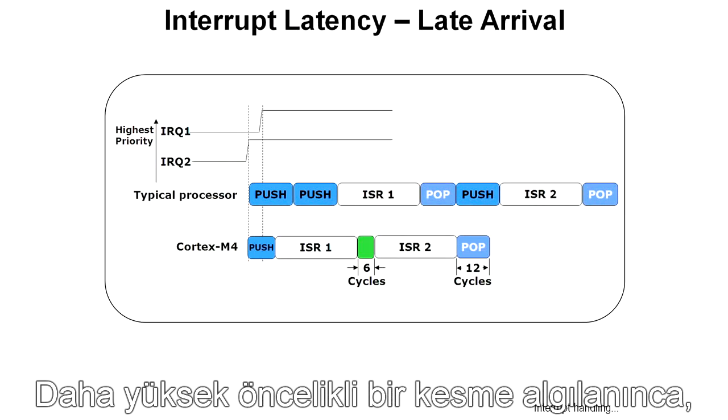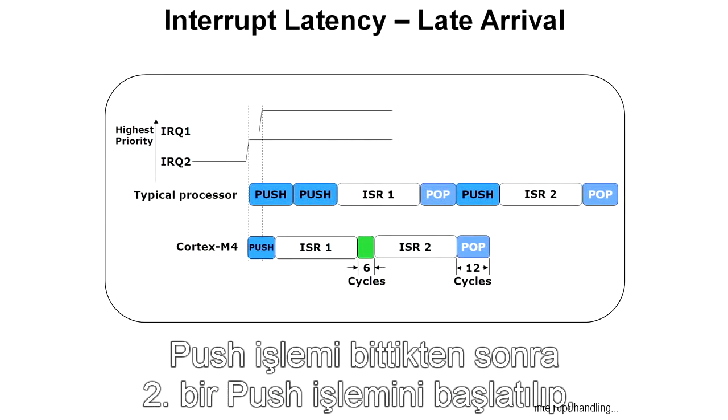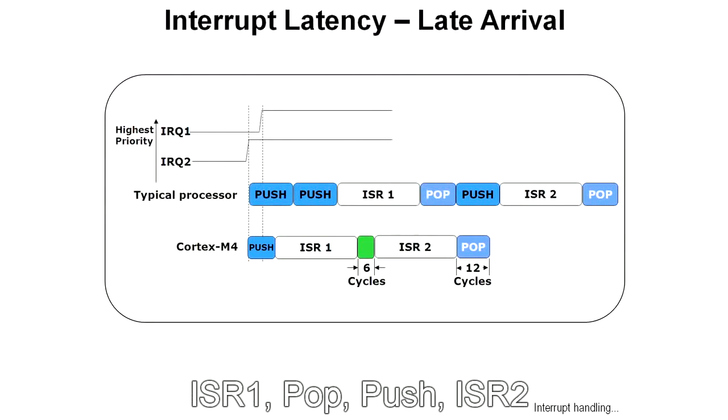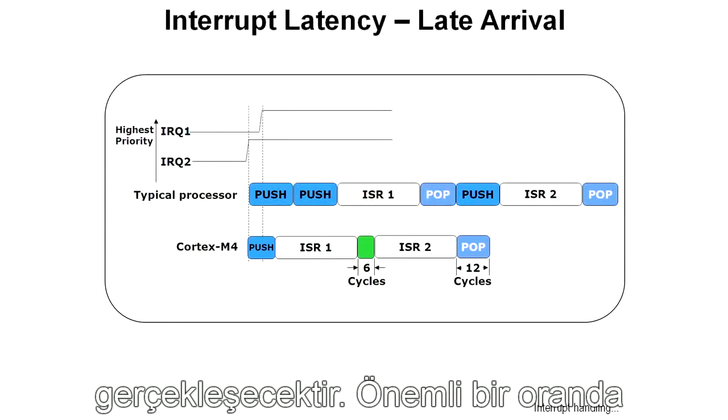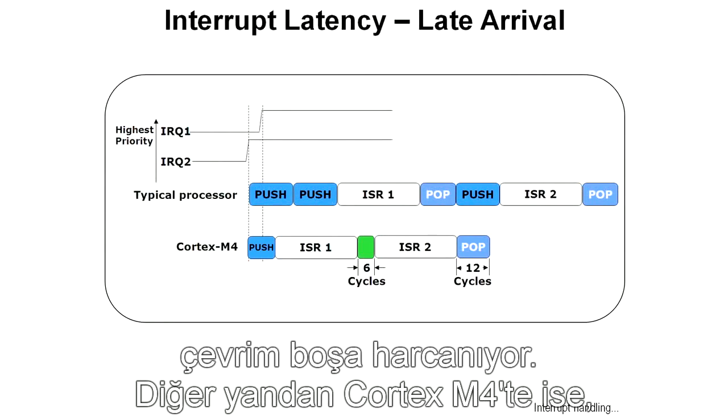As soon as it detected that there was a higher priority, it would finish the push, start a second push, and then go through an entire sequence where it did push, ISR1, pop, push, ISR2, and then pop. A significant amount of cycles wasted here.